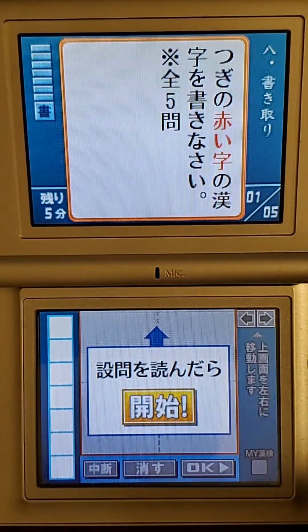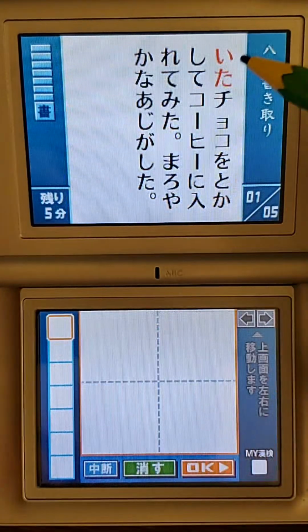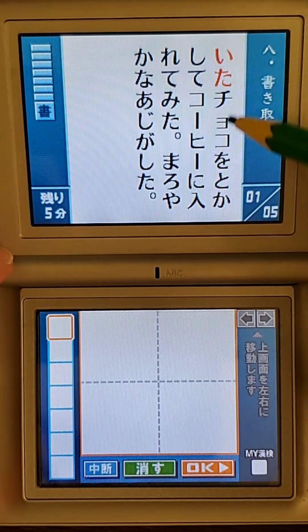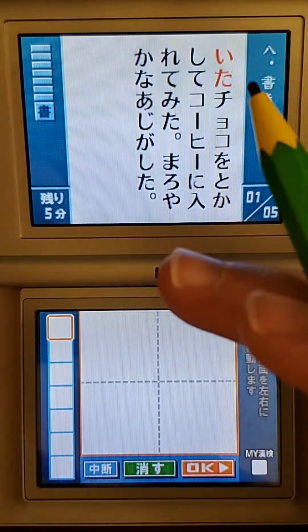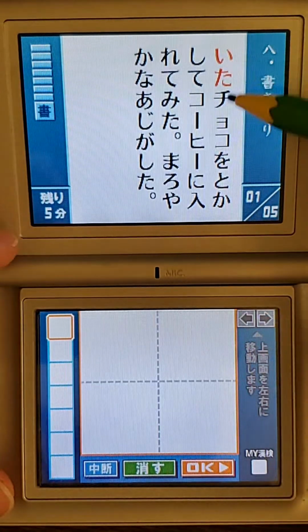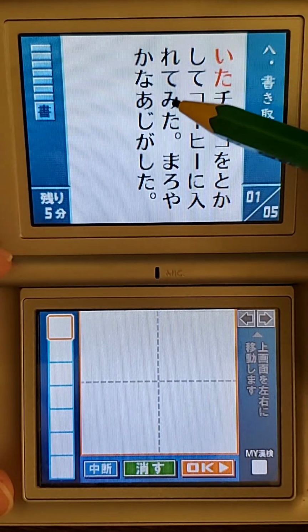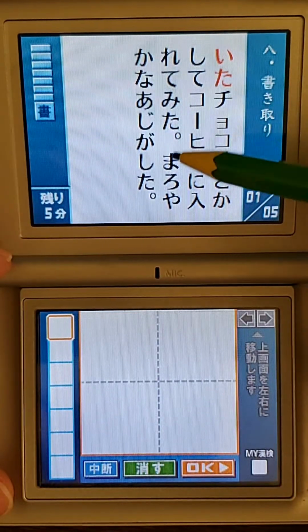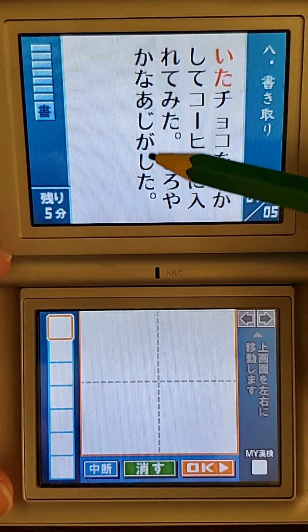All right, and then the last part here, and let's see. Itachoko. So this is board, and choco, so like a chocolate bar. Itachoko o tokashite kohi ni irete mita. What the fudge? Why would you do that? Maroyaka na aji gashita.